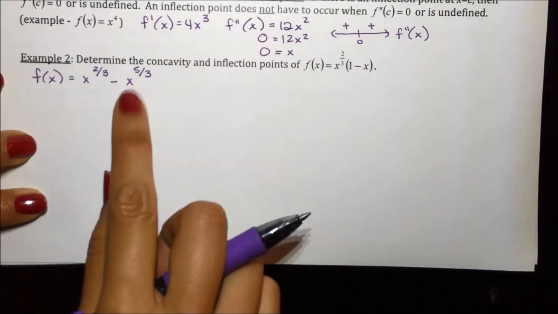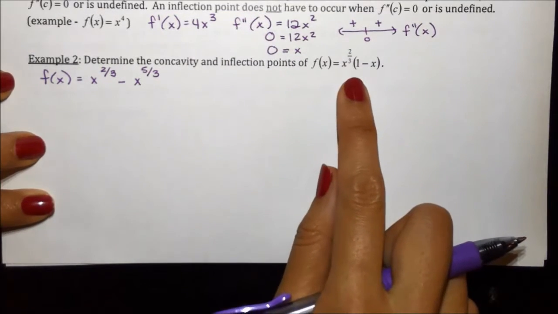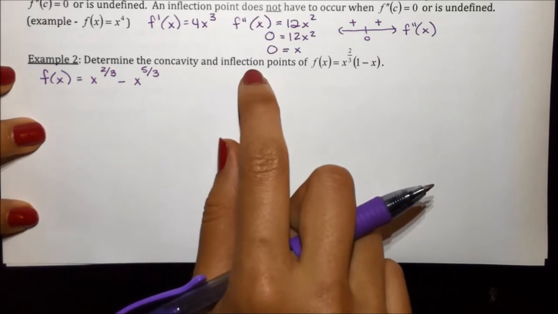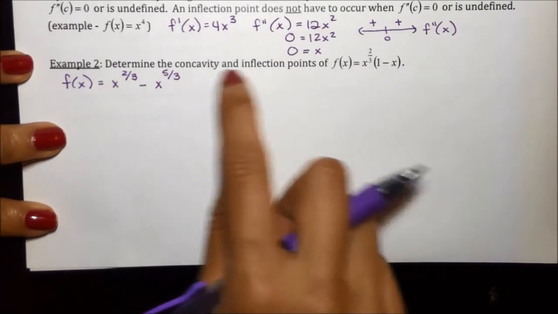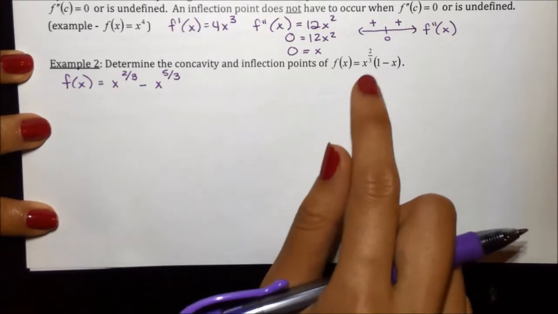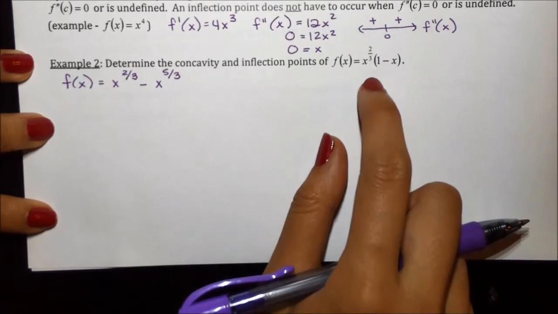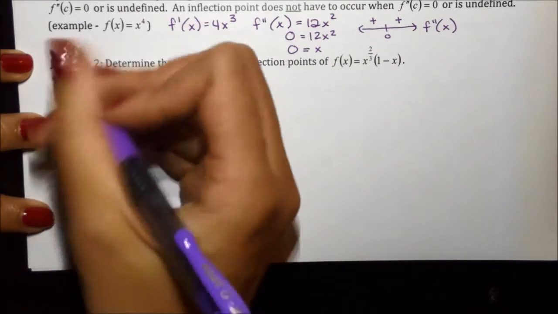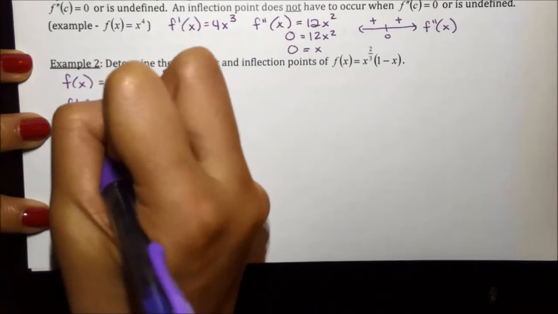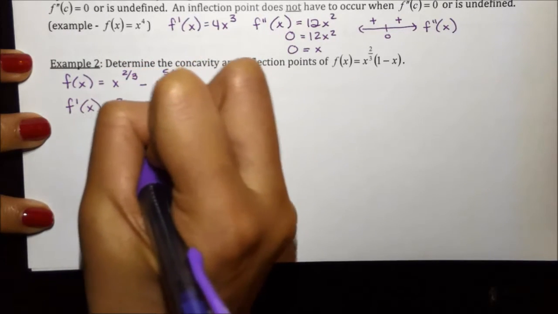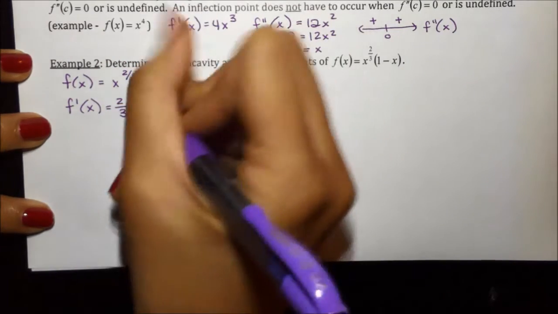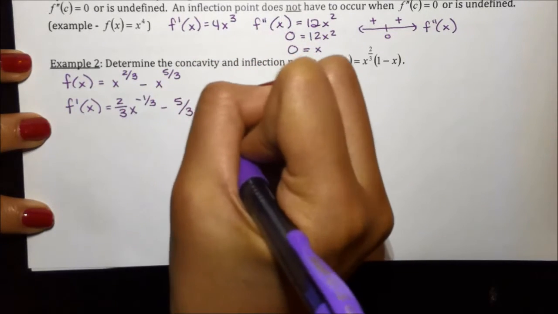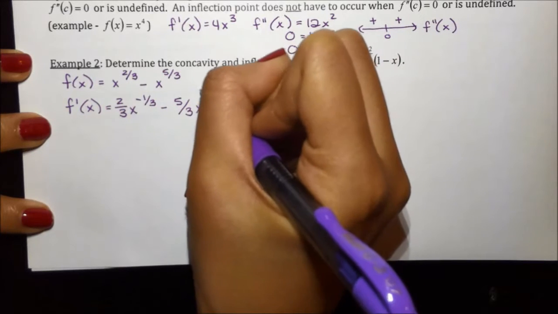Because I think that's easier to solve than doing product rule, because I'm going to have to do a lot of manipulation. I'm going to need the first and second derivative, and I don't want to do product rule and have to simplify. So the easier I can make it on myself, the better. All right, so this is f of x. I'm going to find the first derivative, 2/3 x to the -1/3 minus 5/3 x to the 2/3.